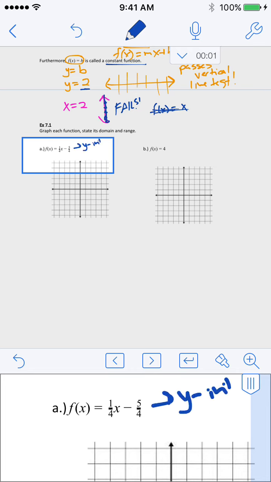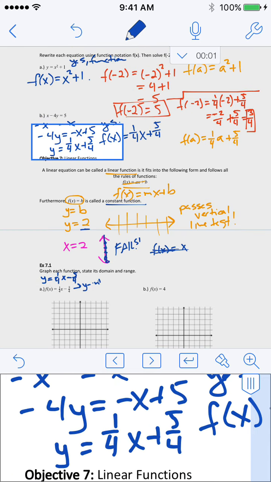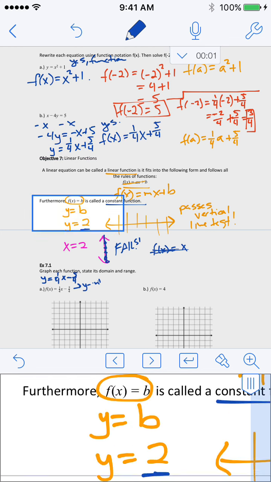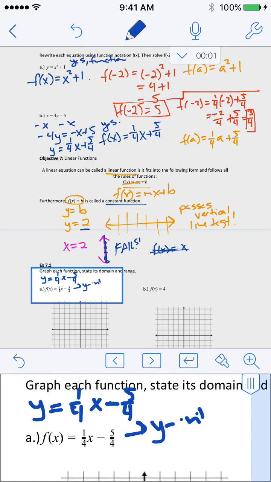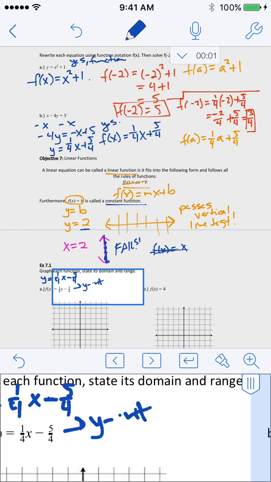I'm graphing this exactly as if it said y equals 1/4 x minus 5/4, because we just said that this is a function. Same thing, so I'm going to graph it like an equation.